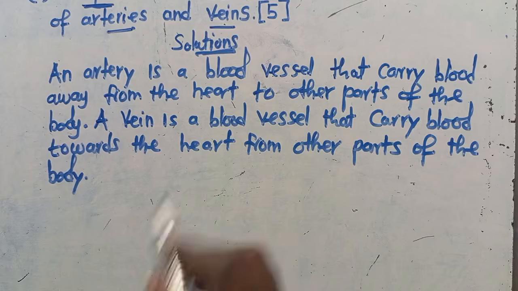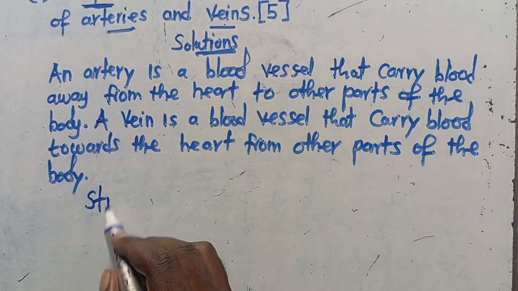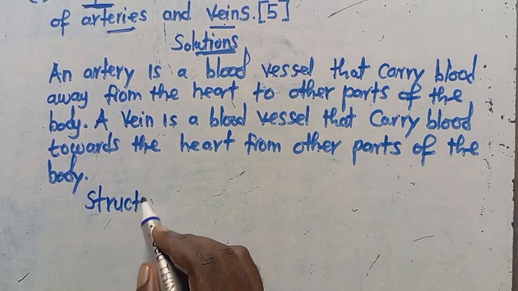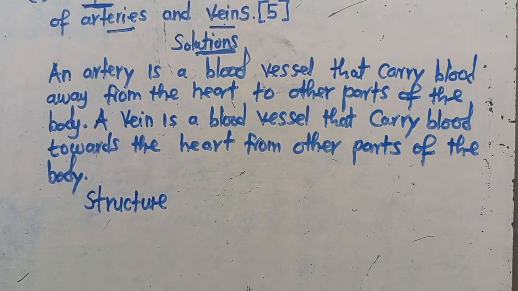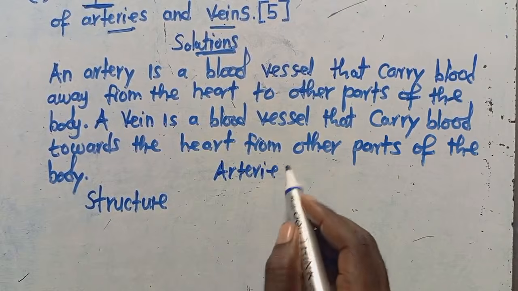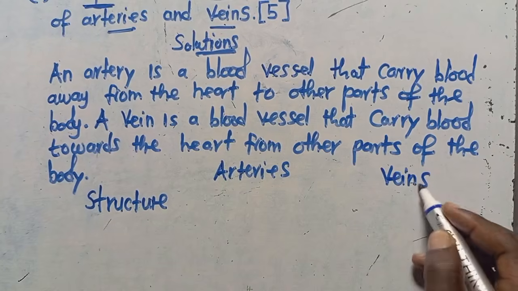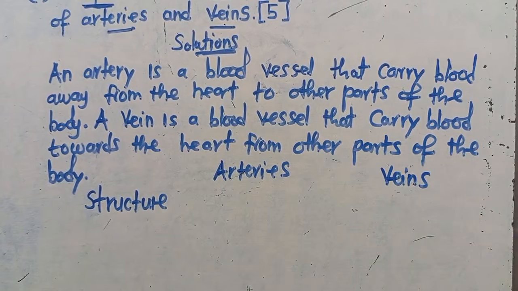So I'm just going to put some things here. In terms of the structure, you need to come up with a nice paragraph for yourself. Let me say this is an artery. We'll say these are arteries, and here we've got veins. We want to compare and contrast.